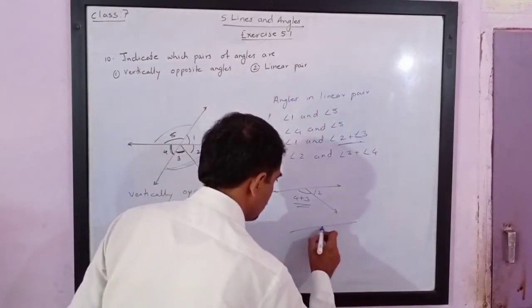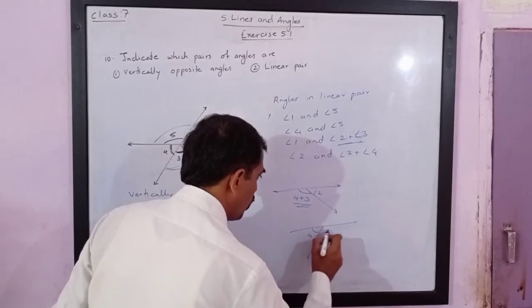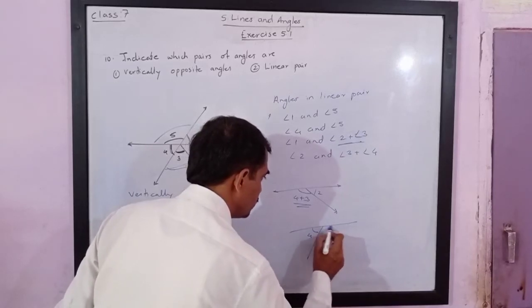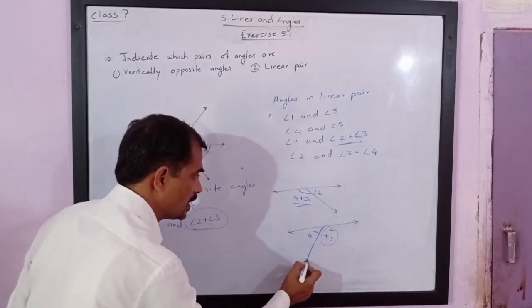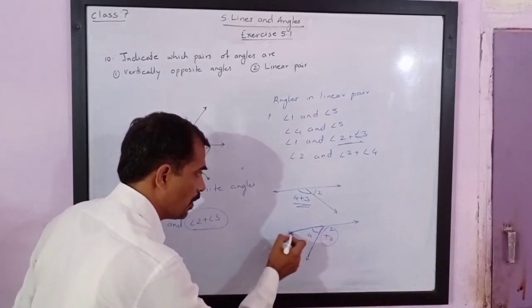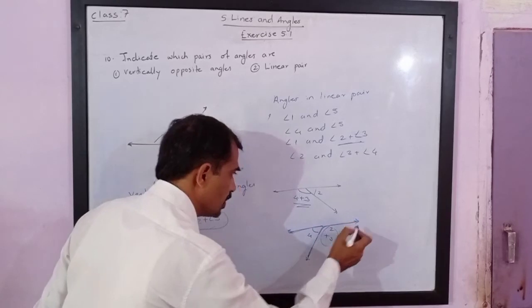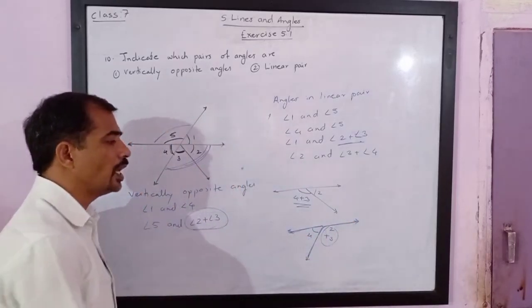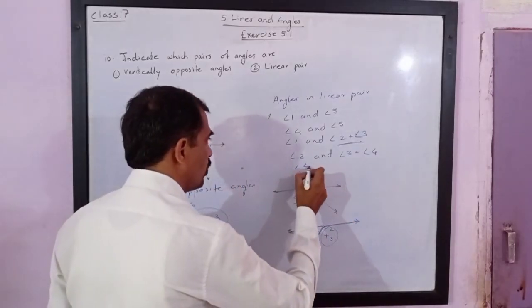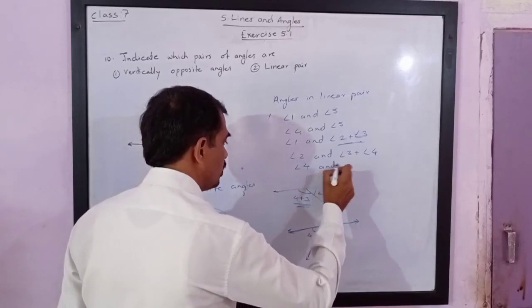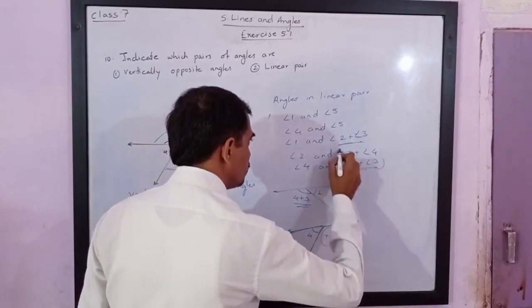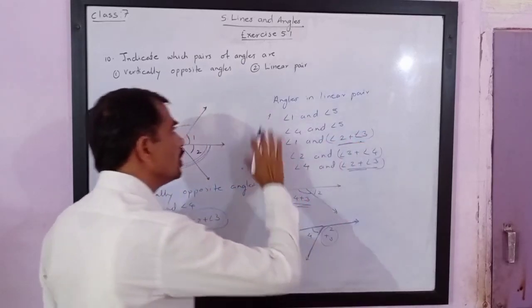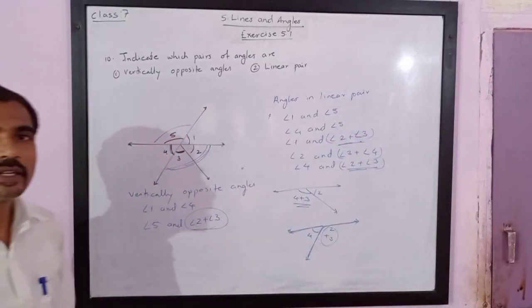If you take angle 4 and 2 plus 3 together, then also you will notice that this is a common arm and the uncommon arms are opposite rays. So they also form angles in a linear pair. So we can say angle 4 and angle 2 plus angle 3 together form angles in a linear pair.